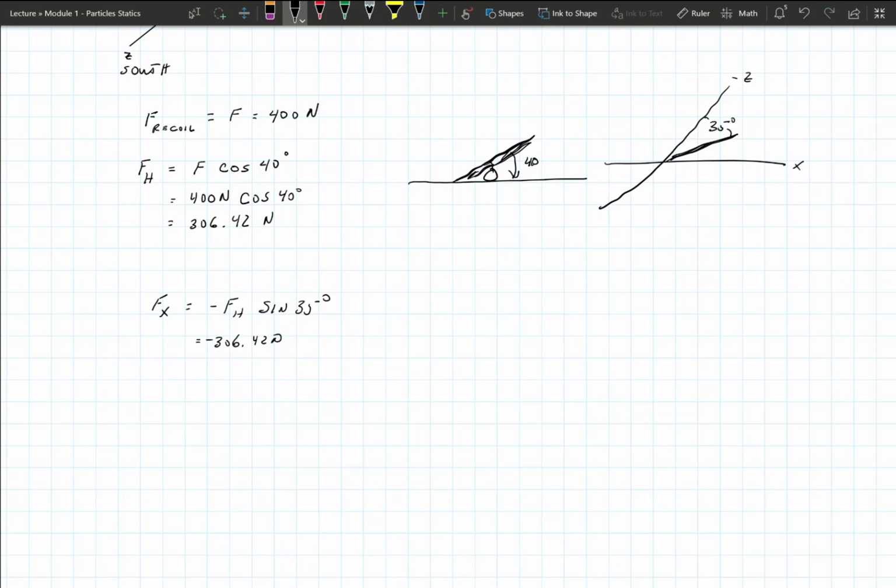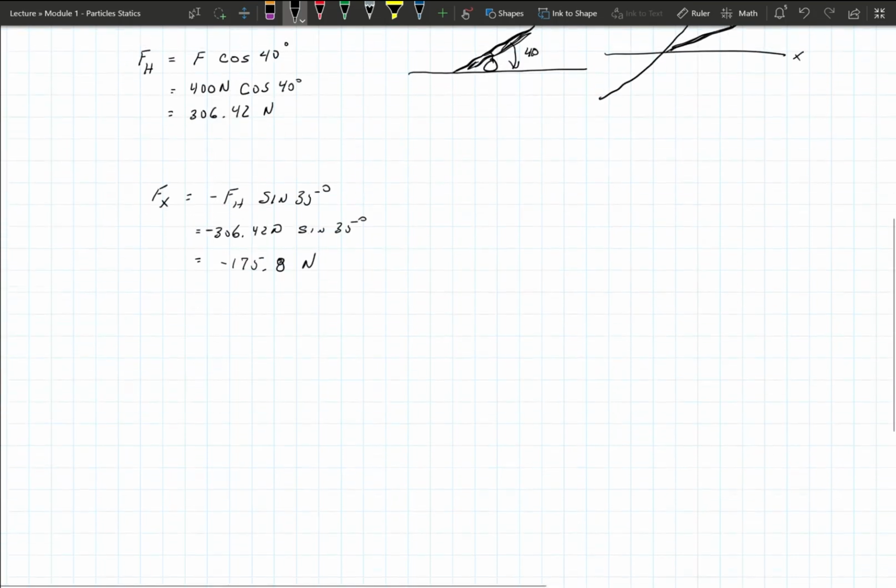Then we are going to multiply times the sine of 35 degrees, and we're going to get negative 175.8 newtons. It's like 7.75 and keeps running down through there.